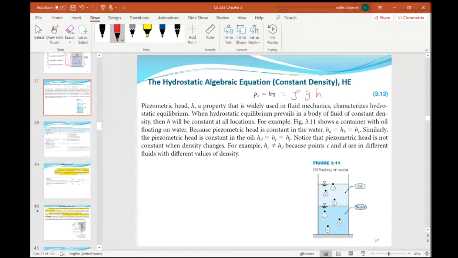But not when you mix points within the oil and points within water, because in that case they will not have the same piezometric head, nor the same piezometric pressure, because the two densities are different.